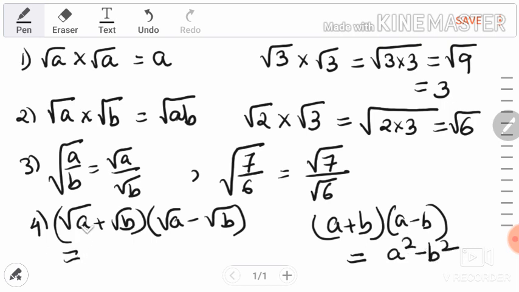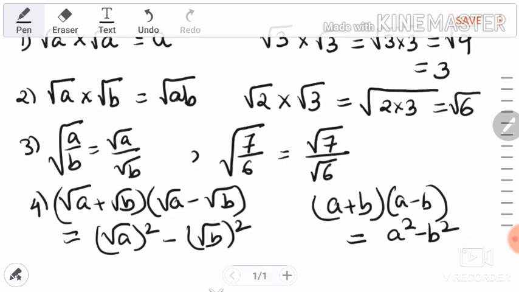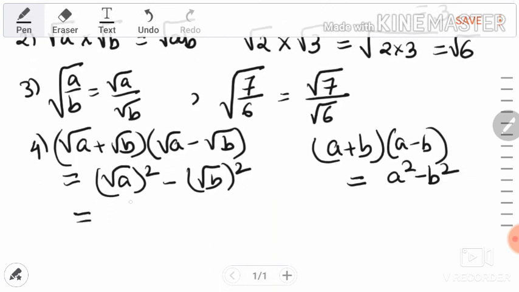So we can use the same thing. This becomes root a square minus root b square, which is root a square is root a into a, which is a, and root b square is root b into root b, which is b.